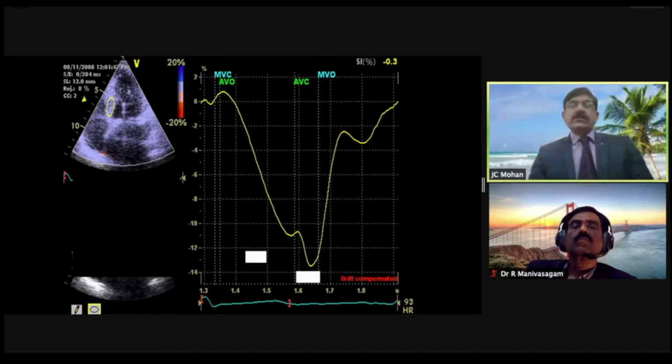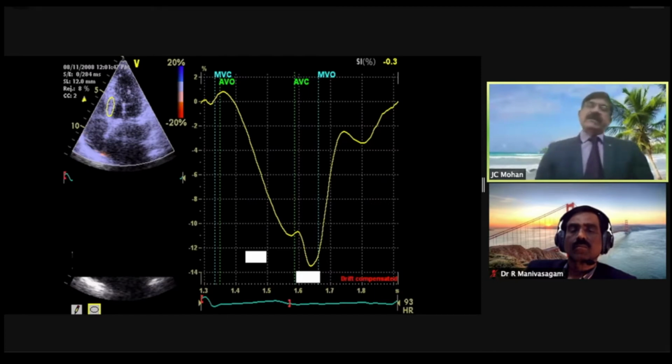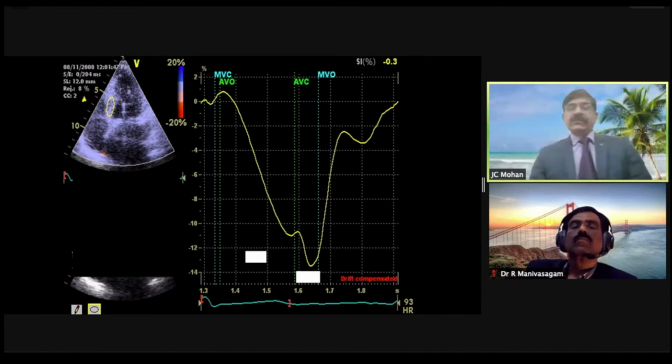Typically, this is how a strain curve of basal septum looks like in a patient. So you have ECG at the bottom, and you have a curve of this length of 12 millimeter sample volume. And here, the peak strain is something closer to minus 14%, which obviously is reduced.